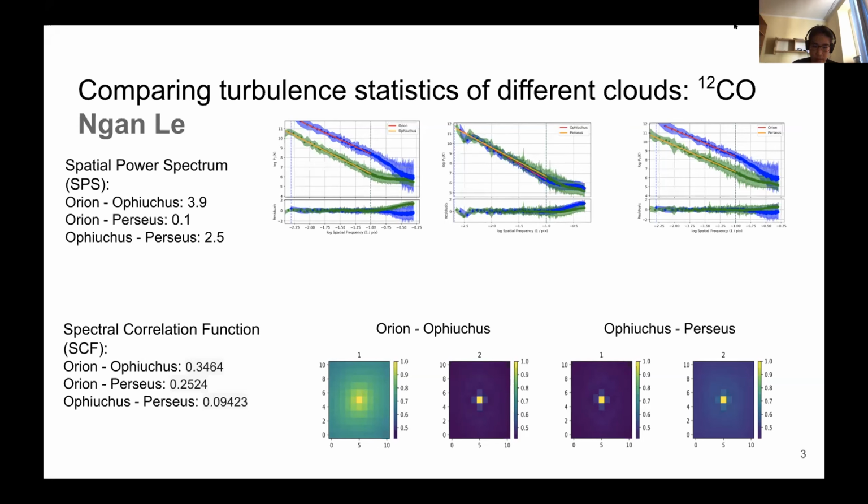After that, we convert it into 1D, fit it with a power law, and derive the turbulence statistic. We compare the two molecular clouds in each pair and find the distance metric between them.